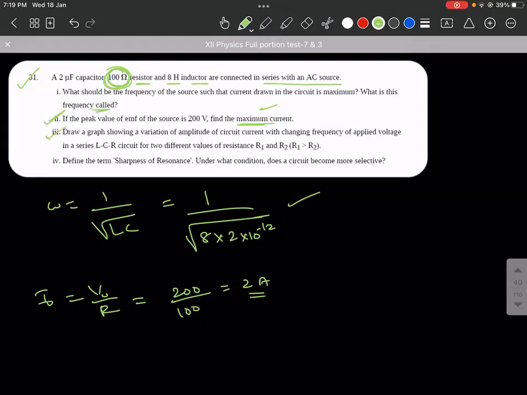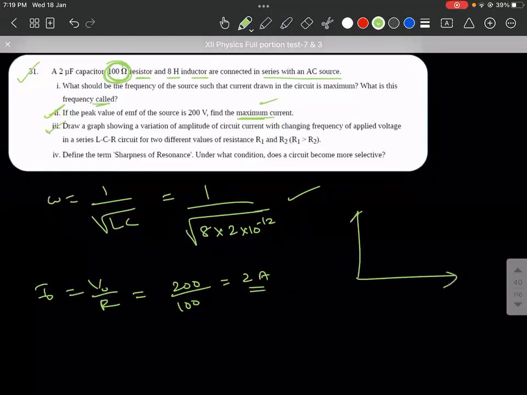Draw the graph showing the variation of amplitude of circuit current when changing the frequency of applied voltage in a series LCR circuit for 2 different values of R. So basically there is a graph like this. I hope you remember. Just give me a minute. So what does that graph actually show, guys?